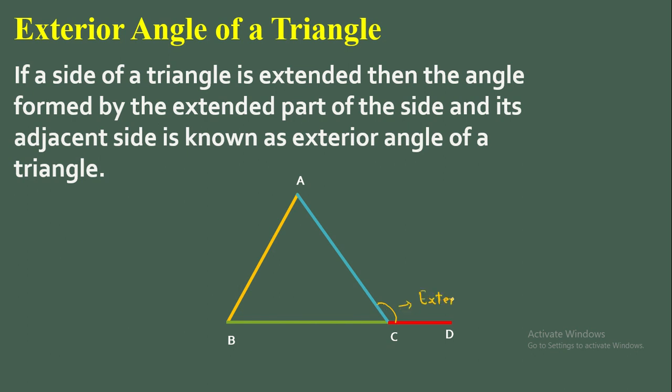So here it is, our exterior angle. So again, if a side of a triangle is extended, then the angle formed by this extended part and its adjacent side forms the exterior angle of a triangle.